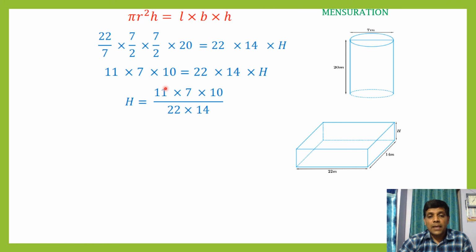Now 11 ones are 11, 11 twos are 22. 7 ones are 7, 7 twos are 14. Again 2 ones are 2, 2 fives are 10.